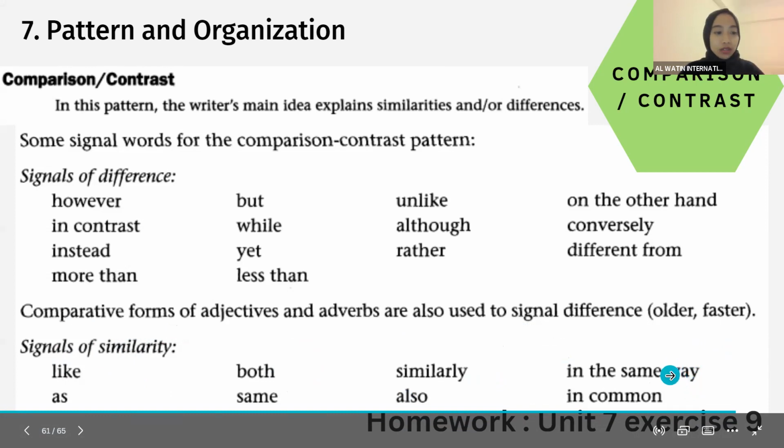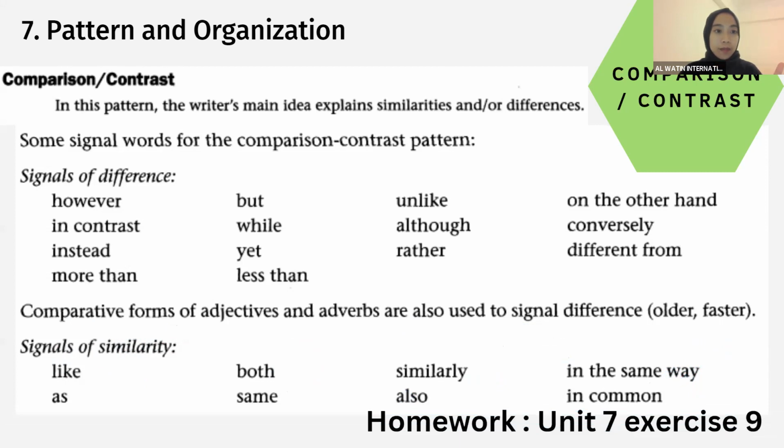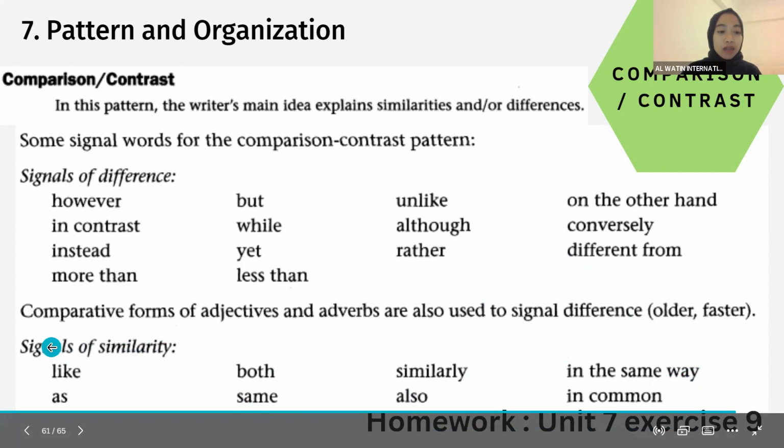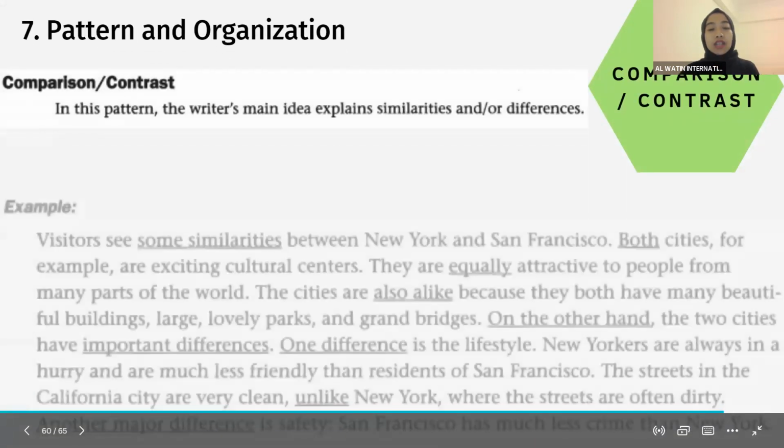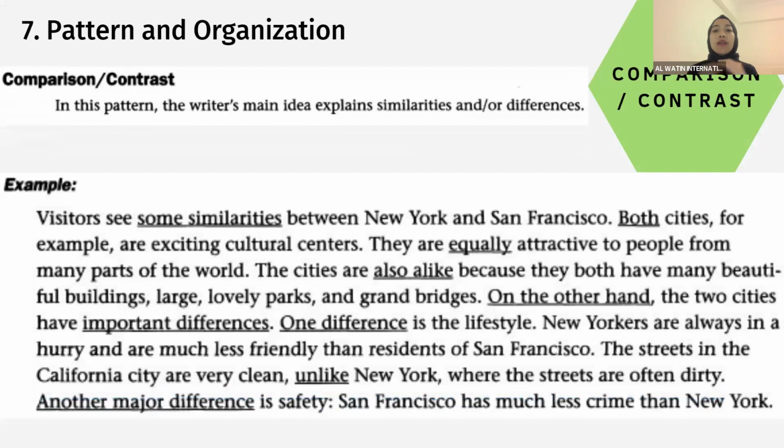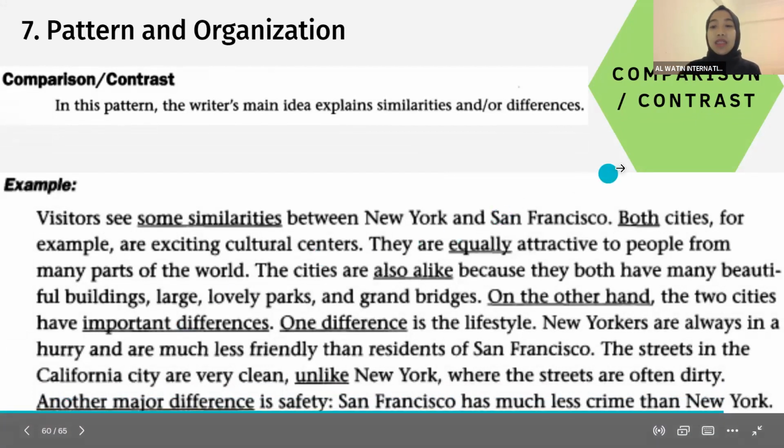So I will share the PowerPoint with you after this in the WhatsApp group. You can reread again if it's too fast for you. But now let's go back to the example, and we're going to read more. We're going to understand more about how the paragraph of contrast or comparison works.